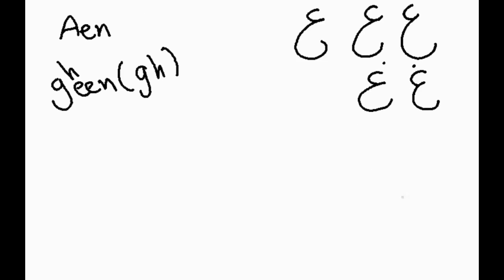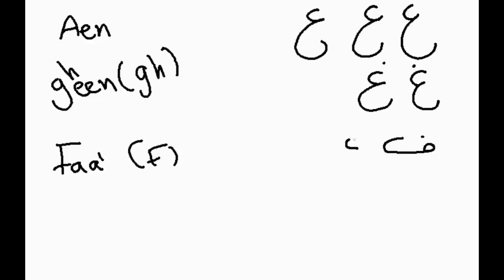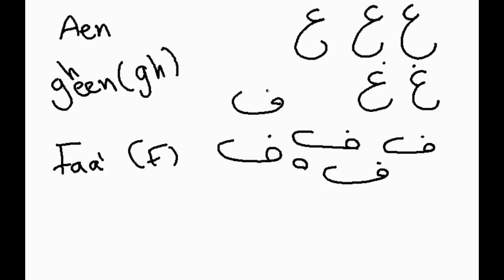Then after ain and ghain, we have fa. The name of the letter is fa, and it's pronounced as F. It's a loop, which has to be a circle, and then a bigger arc with a dot on top, and that's fa.